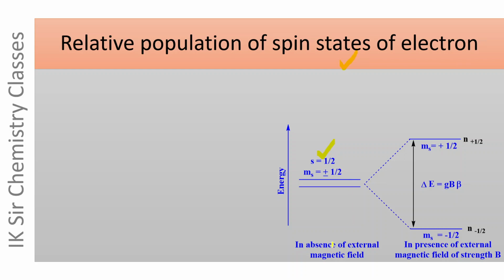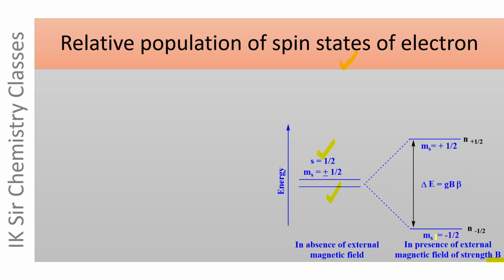But in the absence of external magnetic field, these two spin states of electron have the same energy, that is, are degenerate. If an external magnetic field of strength B is applied, these two spin states of electron remain no more degenerate. They are split up into two spin states.